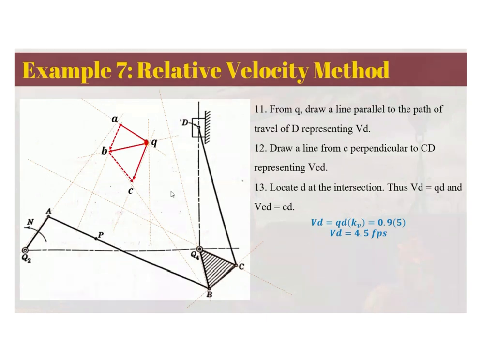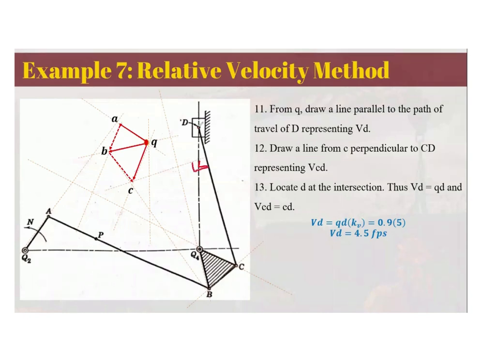So to solve for the velocity, draw a line from C perpendicular to CD, representing VDC. So from the head of C, draw a line perpendicular to CD.